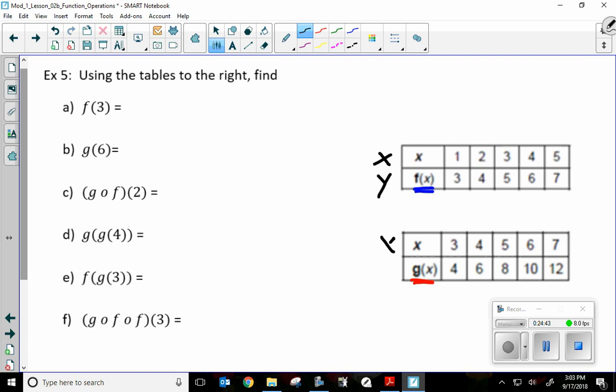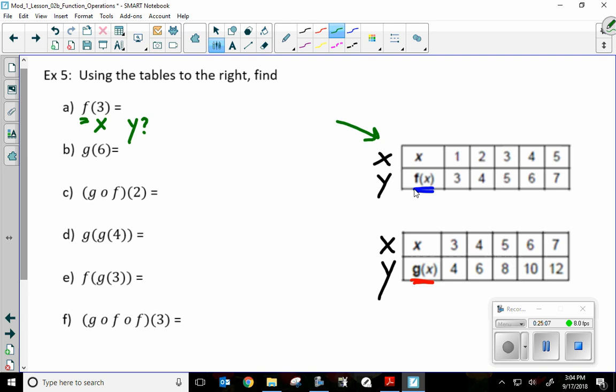Same thing here. Here's my x. There's my y. All right? So anytime, and this is how I want you to look at this right here. Anytime I see like 5a, f, I know I'm using this table here. That's my f function. They're telling me when my x is 3, what's my y?